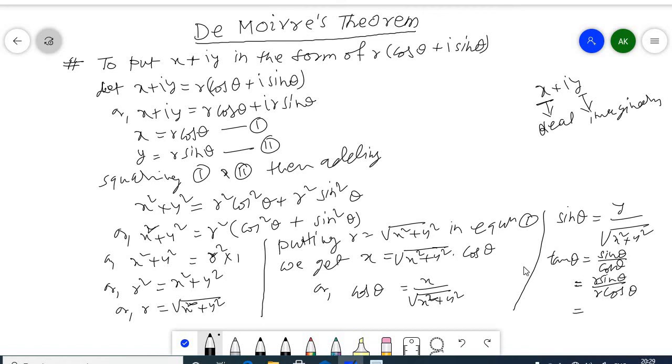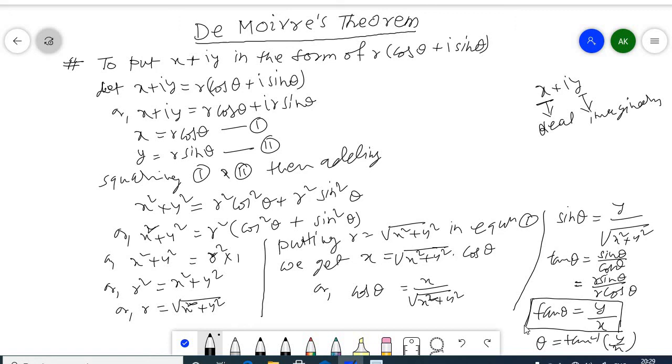From equation 2, r sin theta means y, that means y divided by r cos theta. From equation 1, r cos theta is x. So tan theta is equal to y by x. If we want to find the value of theta, then theta will be tan inverse y by x.